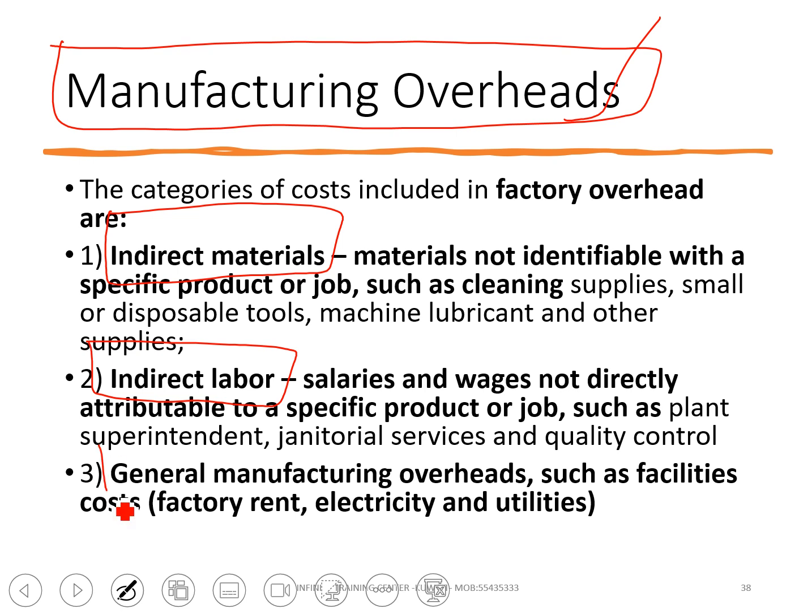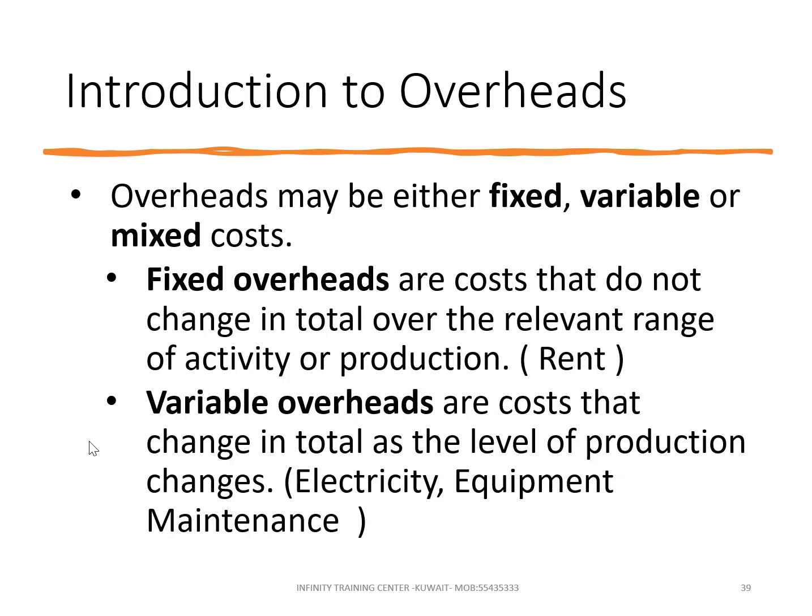And then we have general manufacturing overheads, like rent you paid, maybe property tax you paid, insurance you paid. All these come under general manufacturing overheads. So these are the segregation of manufacturing overhead: indirect material, indirect labor, and general manufacturing overheads. And we have seen this in the previous video also.